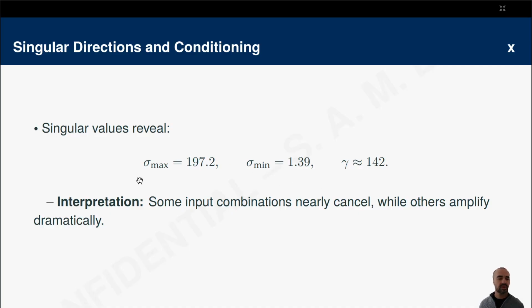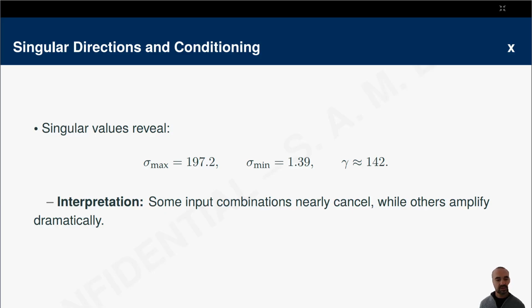Sigma min and sigma max are easy to find, right? Because you had the norm of Gd, and then you needed to find the maximum of that, the minimum of that. For unit energy input, you pre-multiply G by your unit energy input, say 1 0 and 0 1, and then you find the sigma max and sigma min, just to remind you.